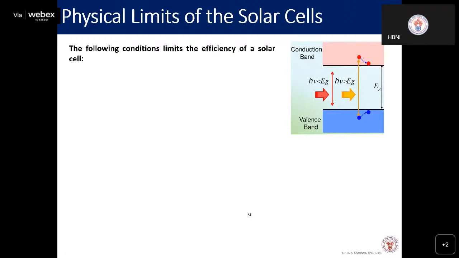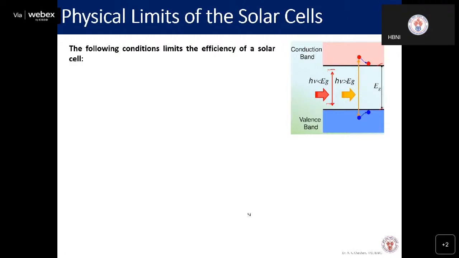As I explained in the previous slide also, suppose this is my radiation which is falling. If the radiation energy is less, we understood very well that this will not be absorbed and it will pass through. But what if the energy is more than the band gap? If it is exactly equal to the band gap Eg, in that case it will be absorbed fine.